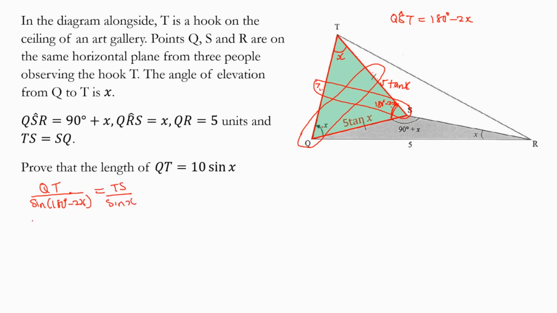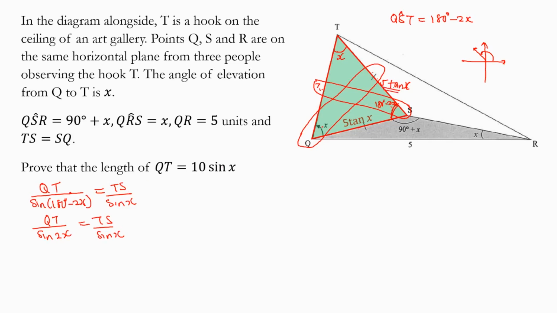Then reduction formula: 180 degrees minus 2x is in the second quadrant, and in the second quadrant the sine of an angle is positive, so it's QT over sine 2x is equal to TS over sine x. Let's substitute TS, which is 5 tan x.